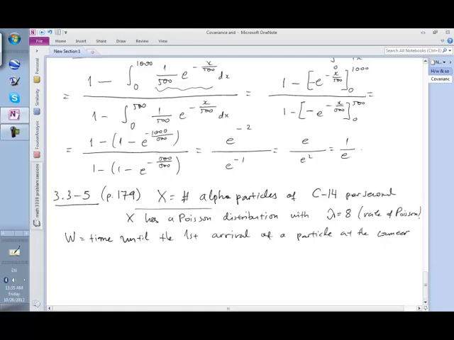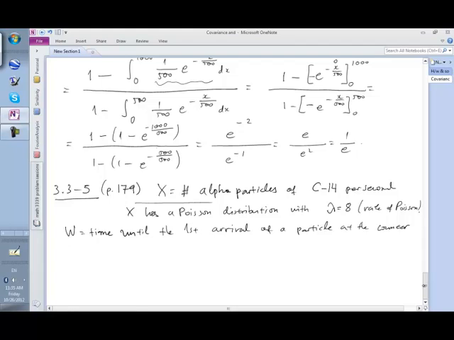I'm doing a variation of the problem. If the particle arrives at the Geiger counter, it will be counted. I want to find the distribution of W. Essentially, what I'm asking you is to find the PDF of W, the density of W.